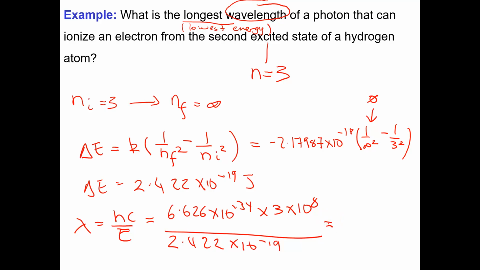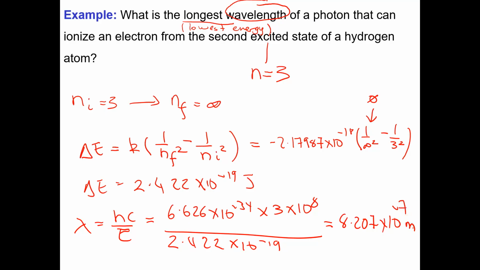And let's see what our wavelength is. 6.626 by 10 to the minus 34 times 3 by 10 to the 8 divided by 2.422 by 10 to the minus 19. And our wavelength is 8.207 by 10 to the minus 7 meters.